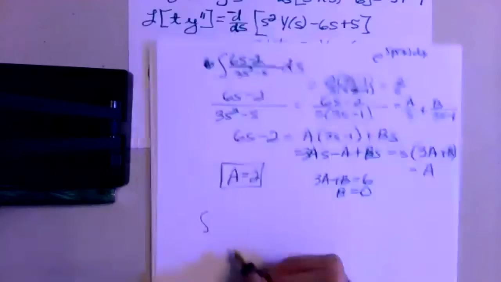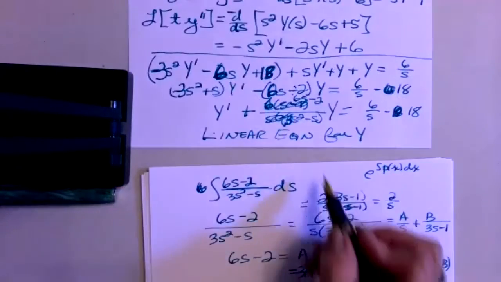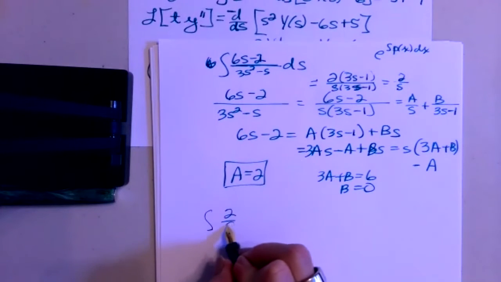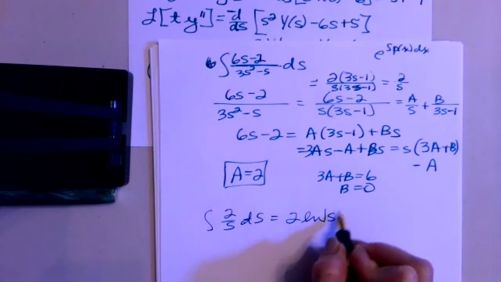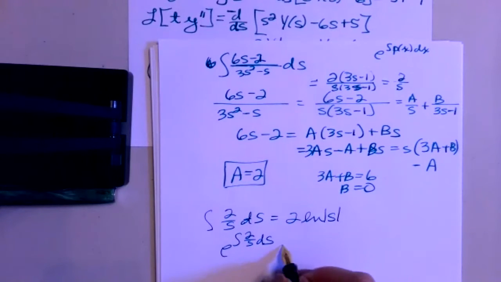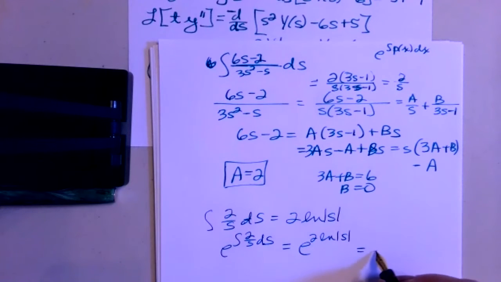So the integral of what we would call p in this, 6s minus 2 over 3s squared minus s, is just the integral of 2 over s ds, which is 2 ln absolute value of s. And so e to the integral of 2 over s ds is e to the 2 ln absolute value of s, which is e to the ln s squared. So that is s squared.